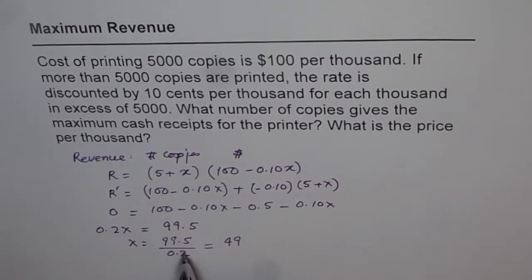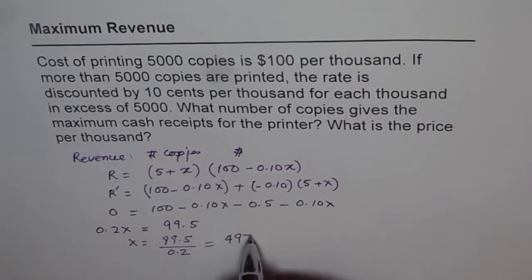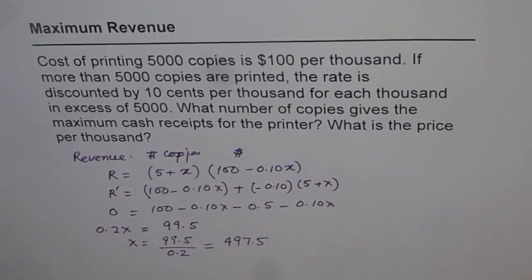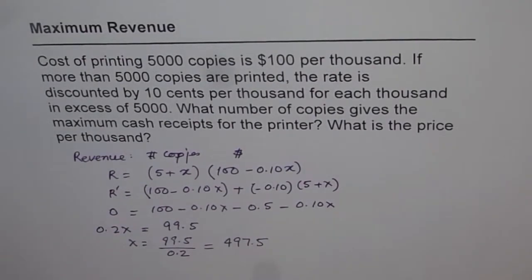So x will be 497.5. So that is the value of x which you get in this particular case. So it is 497.5, right? So that is so many thousand copies. When you print, then you get the maximum revenue.